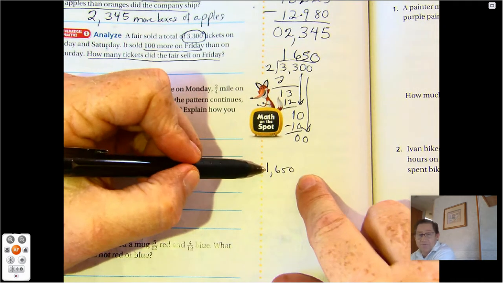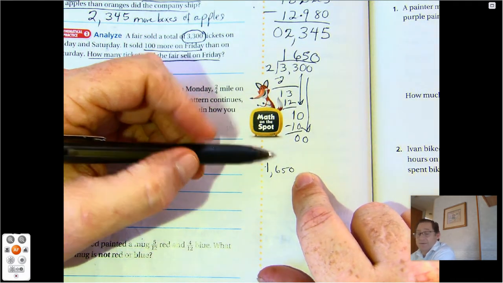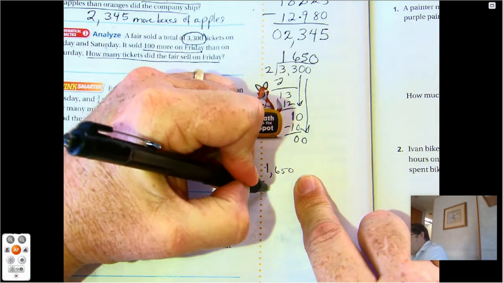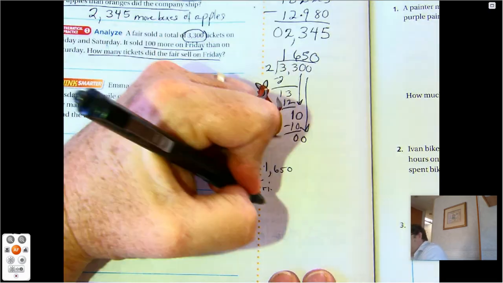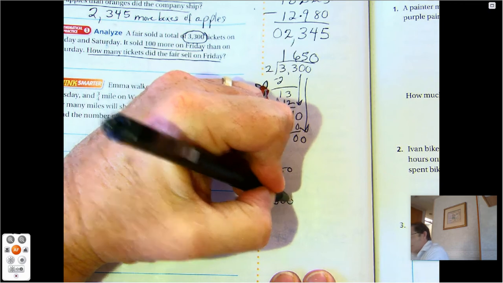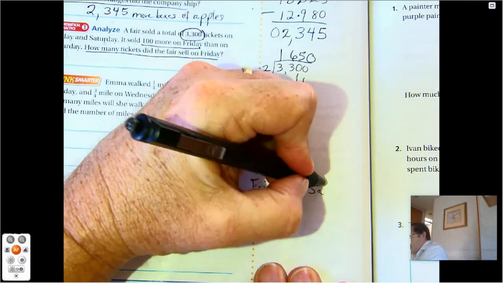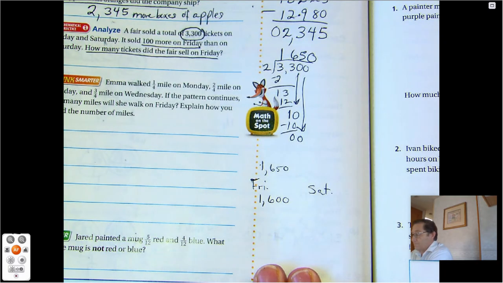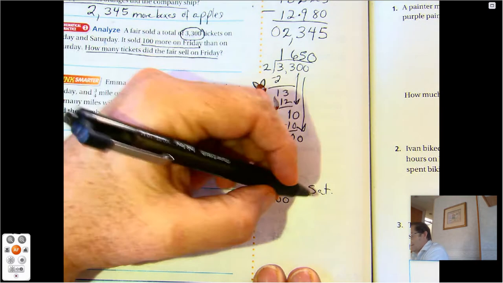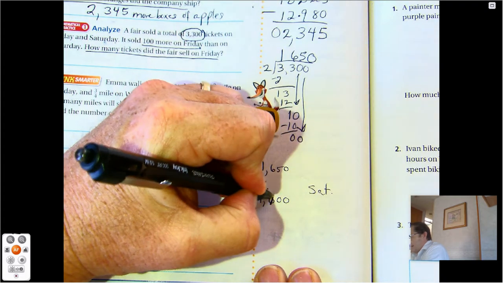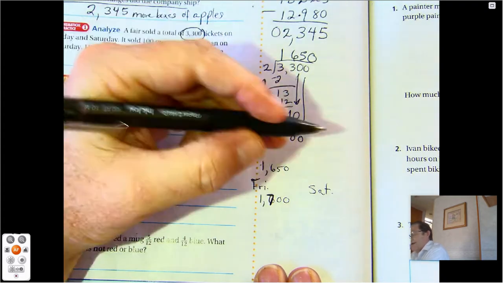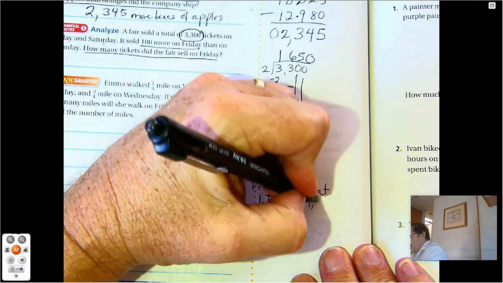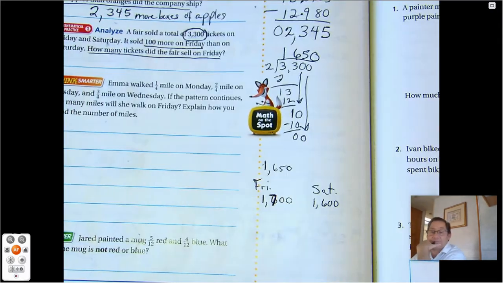Right now, if they were equal, it'd be 1,650. So I'm going to say, this is my guess, that Friday is 1,600. And I'm going to assume Saturday, oh no, Saturday is less. So I'm going to make Friday 1,700, and Saturday 1,600.